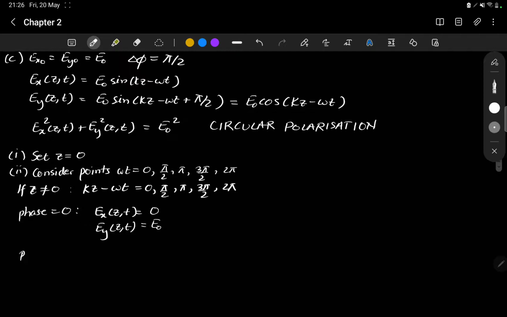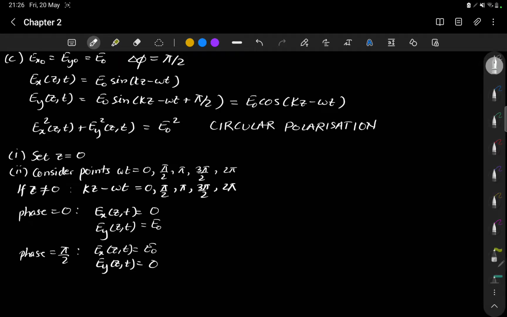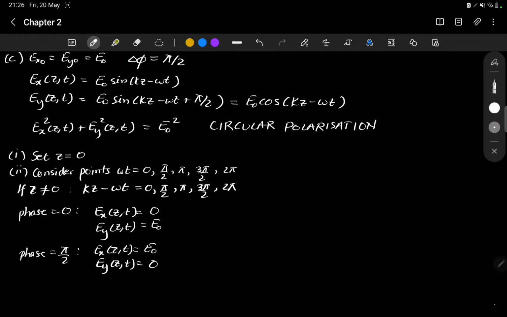Then for phase equal to pi by 2, we get Ex equals to E naught, whereas Ey equals to 0. So from this itself, we will get the sense of handedness. So let us plot it.